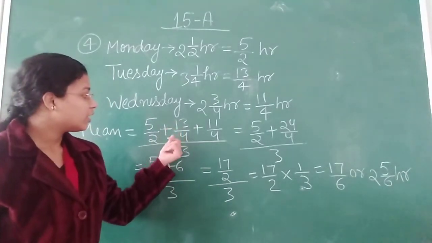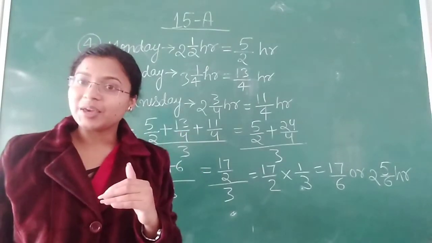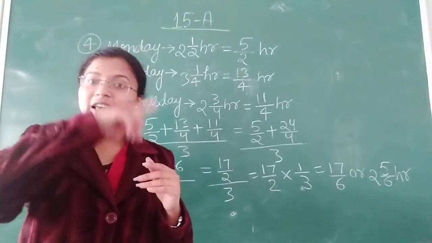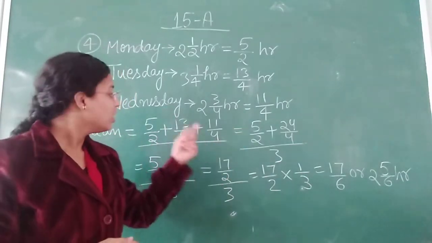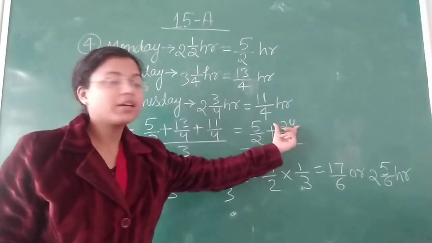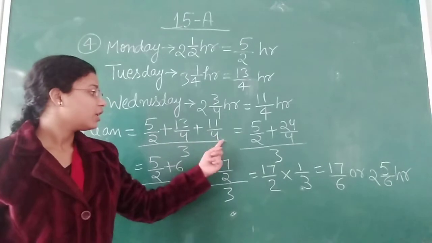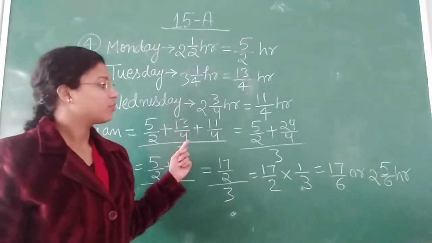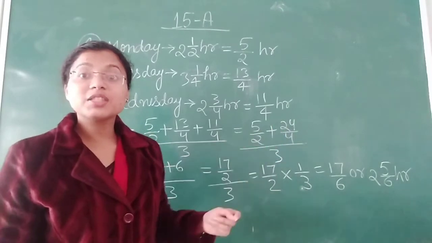Here 13 by 4 and 11 by 4, the denominators are the same, so we can directly add the numerators. 5 by 2 will be as it is. 13 and 11, when you add them, you will get 24 upon 4 because the denominators are the same. Now you can cancel it by 4 and this will give you 6.